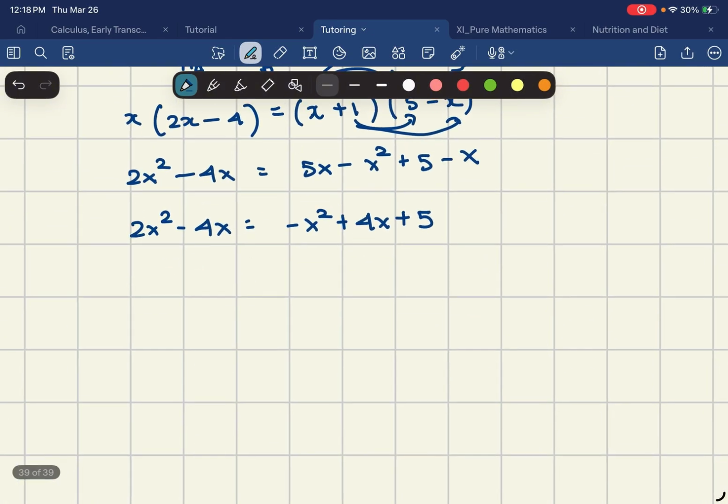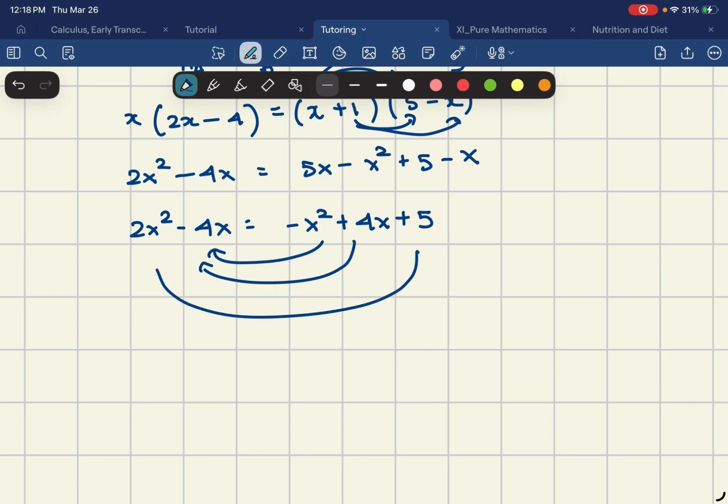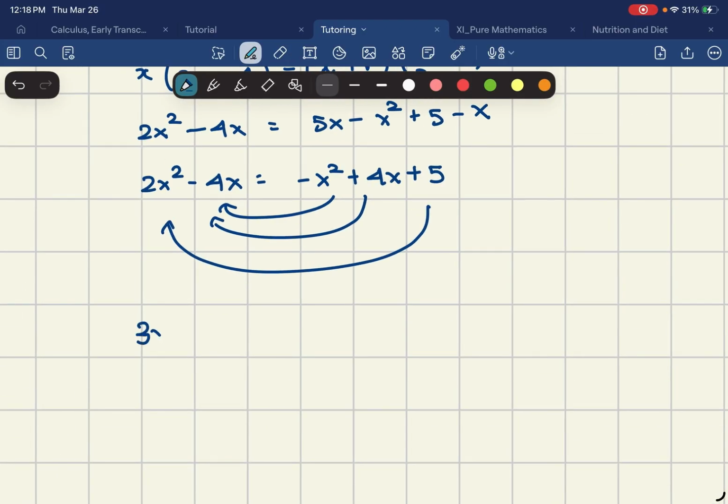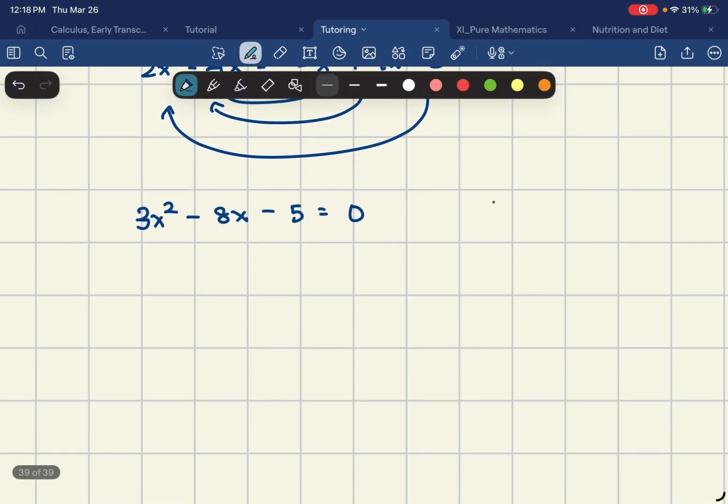All right. And now let's put all terms on one side. So let me bring these terms on this side. And when I do that, I will get 3x squared minus 8x minus 5 is equal to 0. And now you know a is equal to 3, b is equal to negative 8, and c is equal to negative 5.